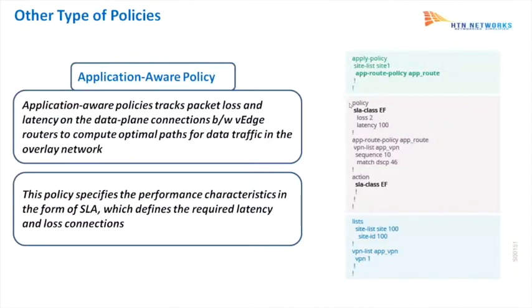It will always check if packet loss is more than 2 packets per second, or if the latency exceeds 100 milliseconds, then it will shift the traffic from this tunnel to another tunnel which meets these SLA numbers. So that's how we define the application aware policy and these SLAs.